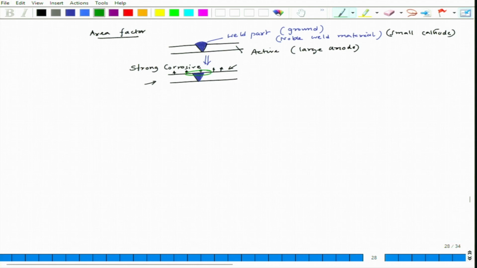locally around this zone, we have a strong galvanic effect because it's a strong corrosive.